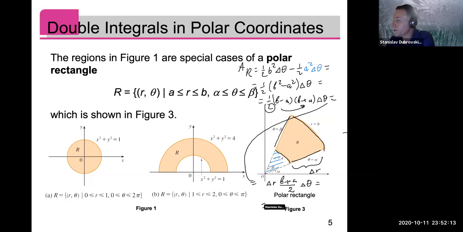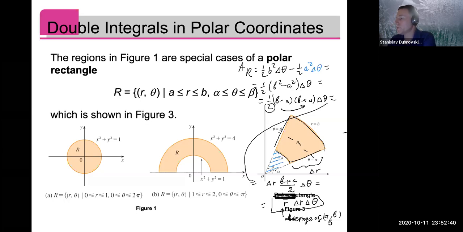So (b plus a) over 2 is like a radius somewhere in the middle. Maybe call it r bar, for the average of a and b. And so we'll have r bar times del r del theta.